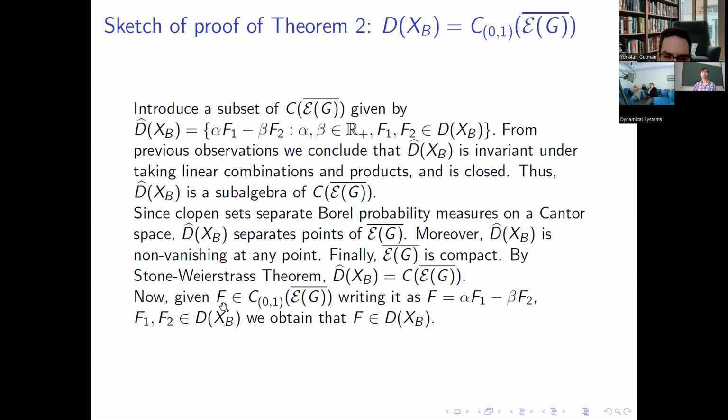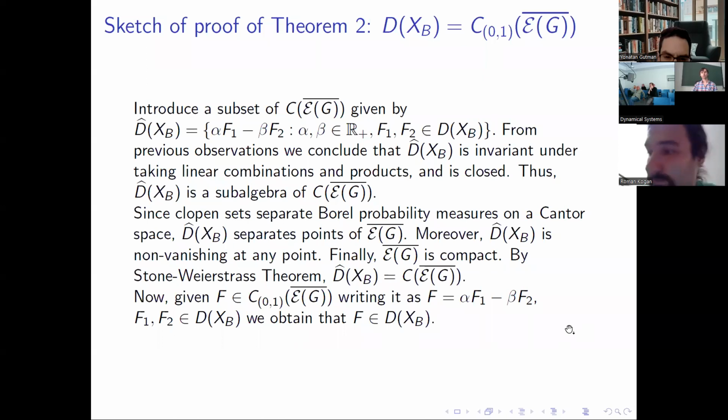Finally, this is the space of all functions, but we want to restrict to the functions with values between 0 and 1. Now, any function we can write in this way: alpha f1 minus beta f2 with f1, f2 in D of X_B.